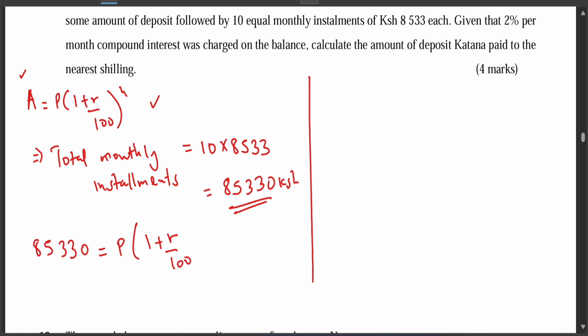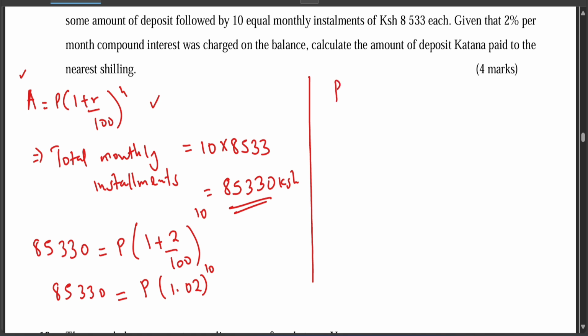So our rate here is 2% per month, for how many months? It's for 10 months. So very simple. So you get 85,330 equal to P times 1 plus 2 over 100, which is 1.02, raised to power 10.